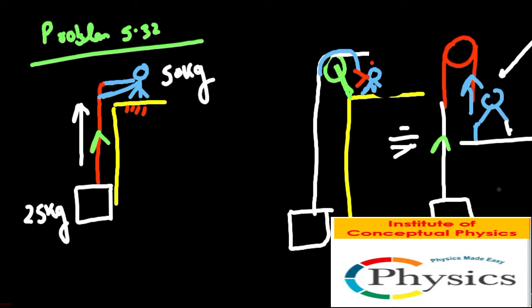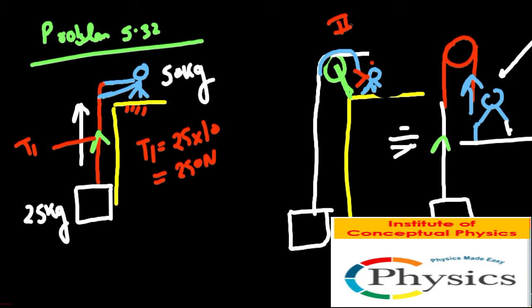So if you look into this diagram, you would realize that the tension in this string will be equal to 25 times 10 is equal to 250 newtons. And even in the second case, where the man is pulling the string upwards, the tension remains 25 into 10 is equal to 250 newtons, okay?